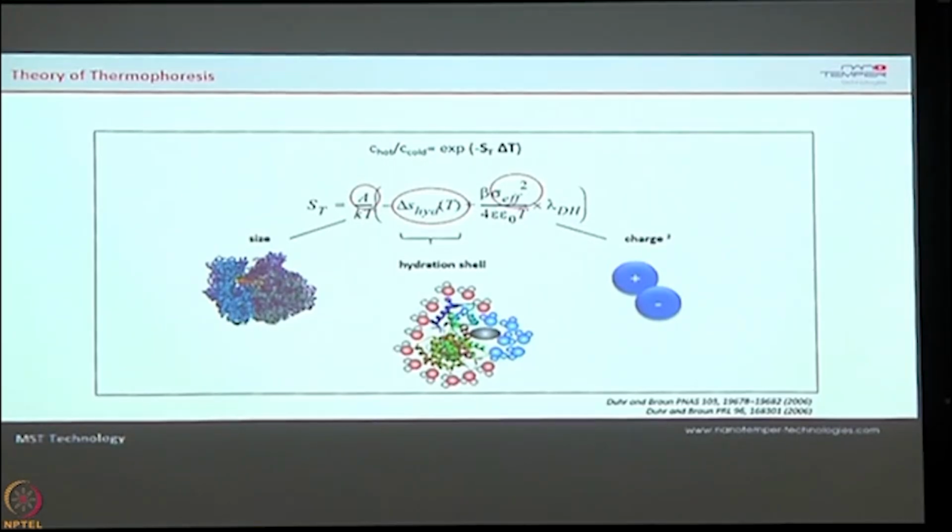So whenever you shine some heat, the ratio of the molecules that have gone towards the hotter region and the molecules in the colder region is always dependent upon these three parameters. That is what the law of thermophoresis says. And all our experiments have been highly validated, and they follow this principle.